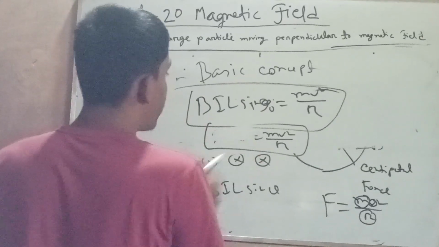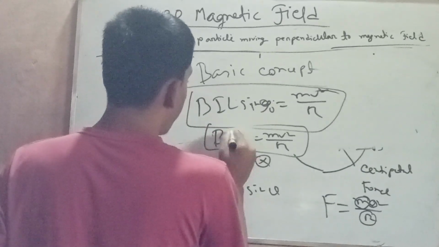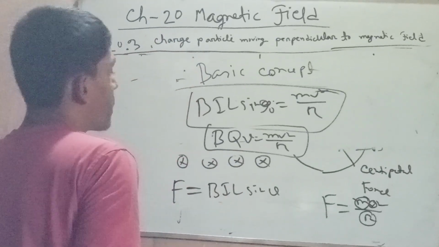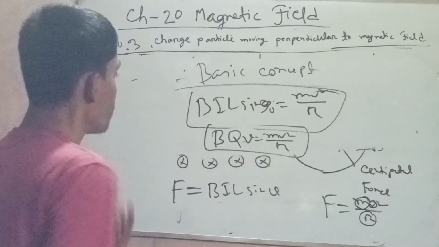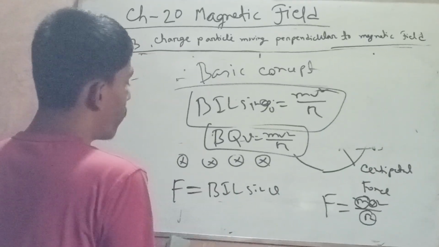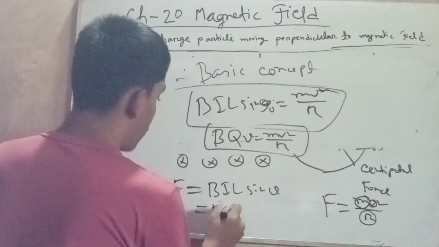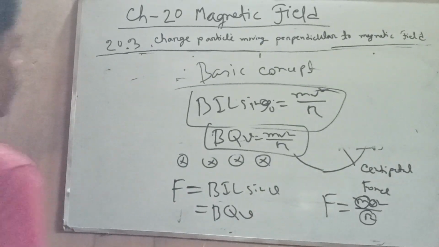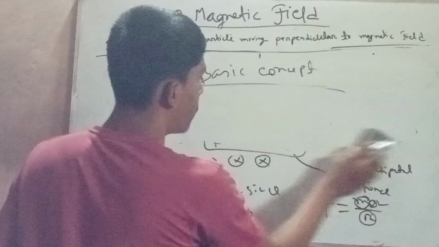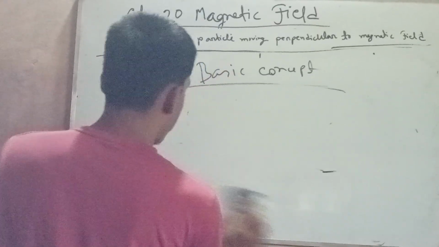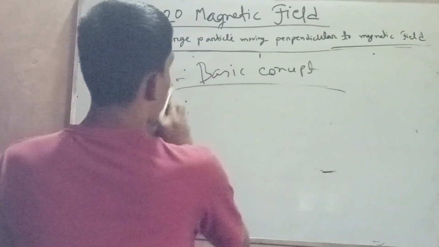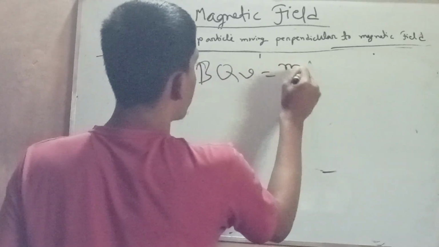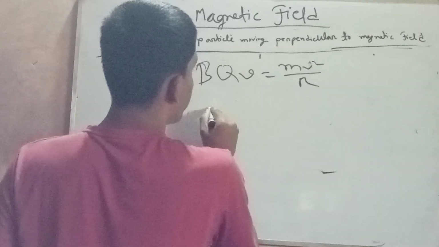Here, for a charge, BQV is equal to mv squared by r, for a charged particle. So BQV is equal to mv squared by r.